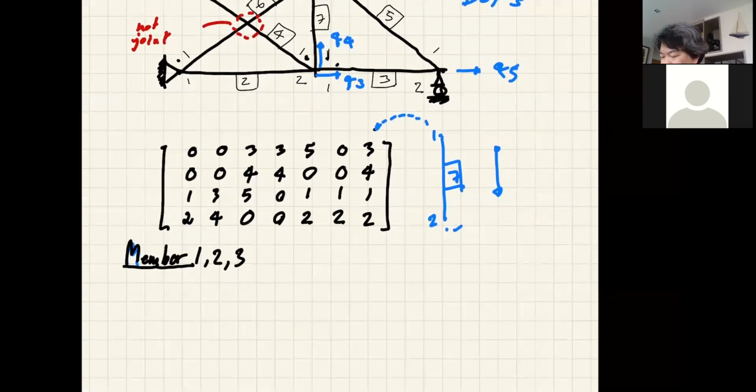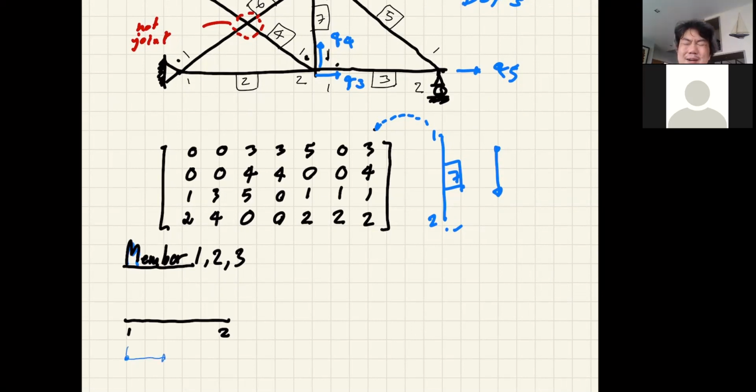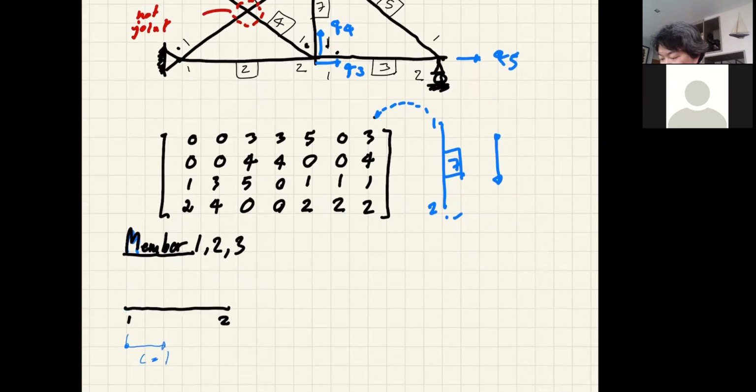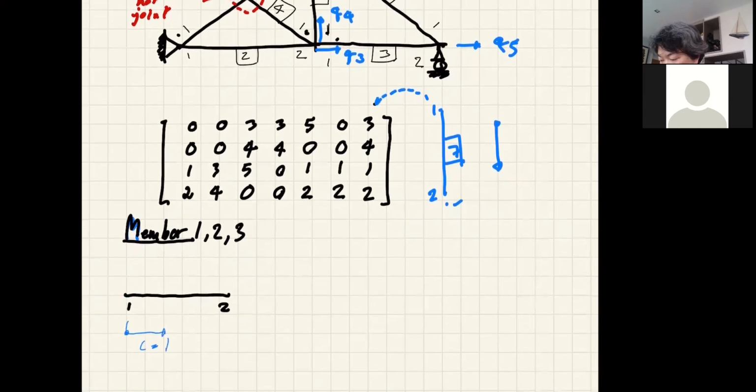So we have the orientation like this. That is 1 and that is 2. Again, if you are consistent enough, local node 1 points towards 2. So that's basically your x-axis, and your cosine is therefore equal to 1. And then your sine is 0, right?